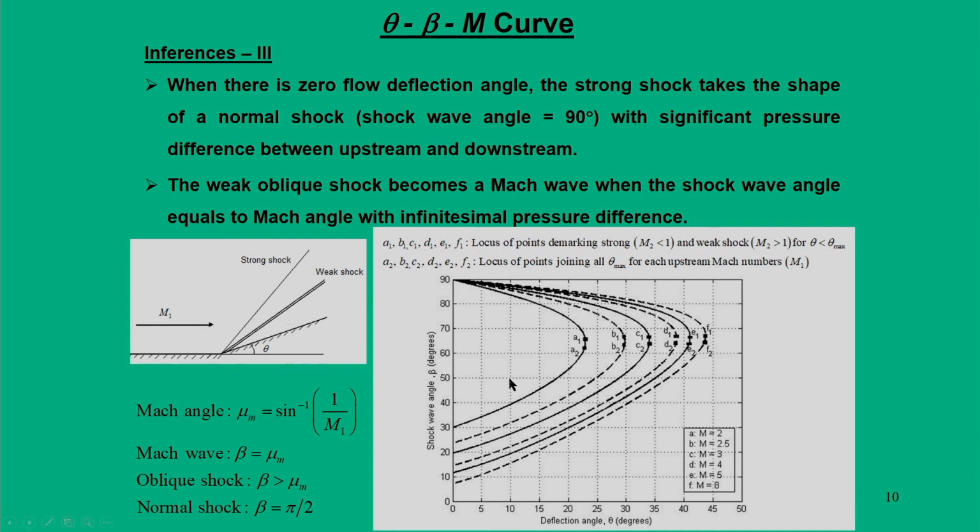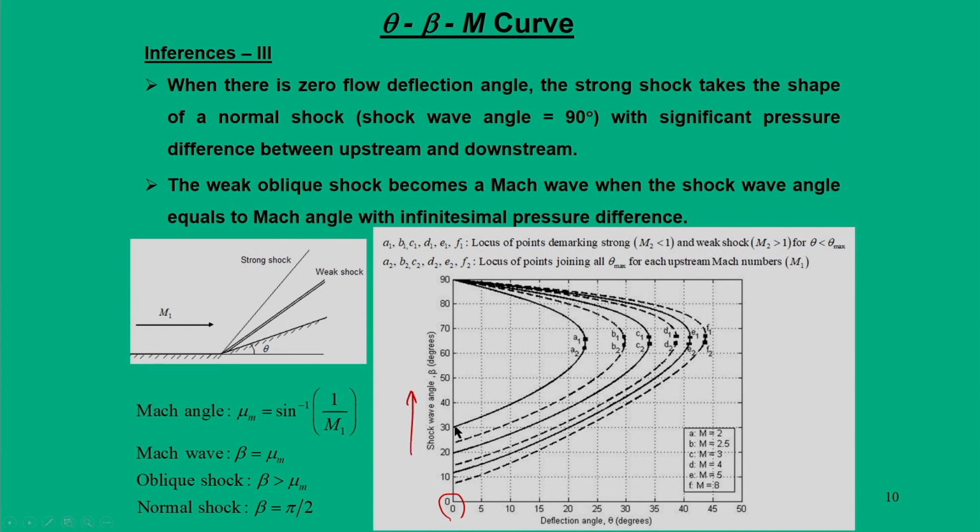Now let us see what the 0 deflection angle means in this particular curve. Irrespective of the Mach number you take, whether Mach 2, that is curve A, or Mach 8 for curve F, you will find that 0 deflection angle refers to the y axis, that is the shock wave angle.